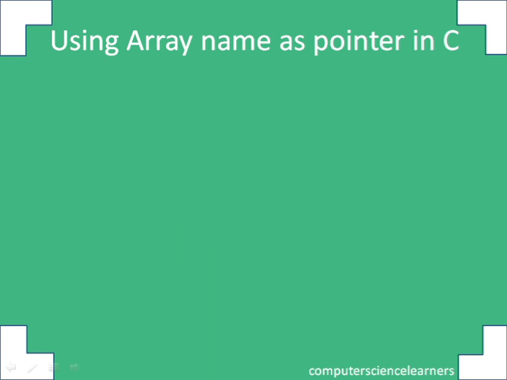Next, using array name as pointer in C. That means in the previous example we took one pointer variable and we used that variable instead of the array name. But now we are going to learn the concept where we do not use a pointer variable but use the array name as a pointer.